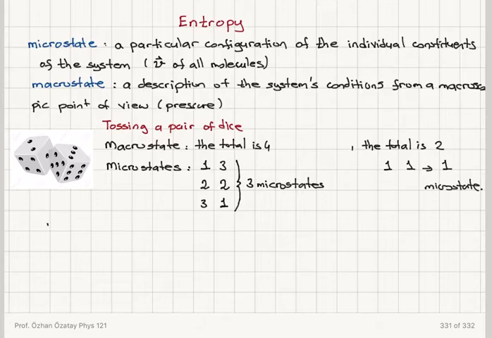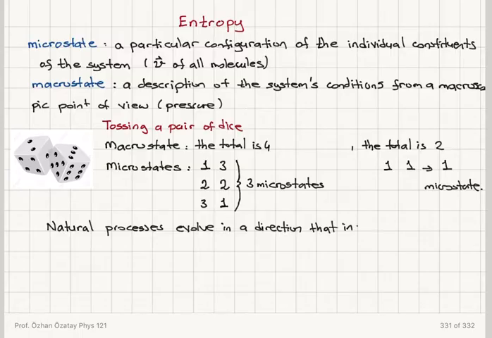So for all natural processes, there is a preferred direction. They will evolve in a direction that increases the number of possible microstates, and when we have a high number of microstates, we will say the system is disordered.